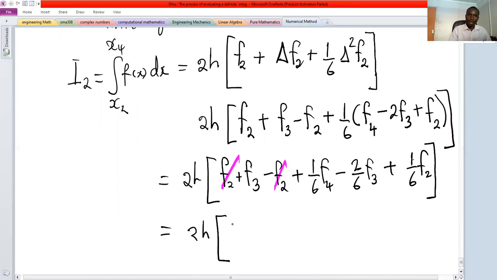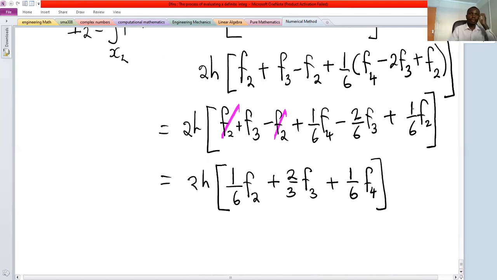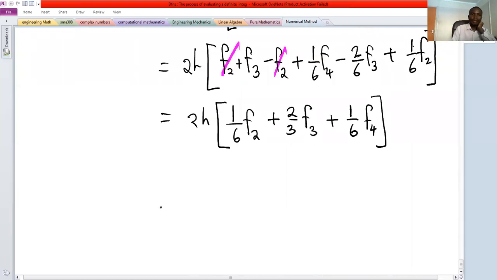So I can start with 1 over 6 f2. 1 minus 1 over 3 is 2/3. So plus 2 over 3 f3, and then plus 1 over 6 f4, which will be given by 2h.